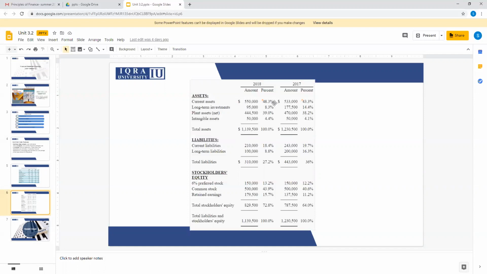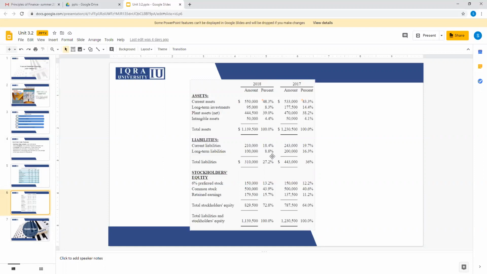So this is good because going from 2017 to 2018 you have improved your current assets, and we should basically improve current assets, because current assets are the assets that can turn into liquid anytime, or you need liquid at the time of need. Okay. Then long term liabilities have been reduced a lot, from 16.3 to 8.8.